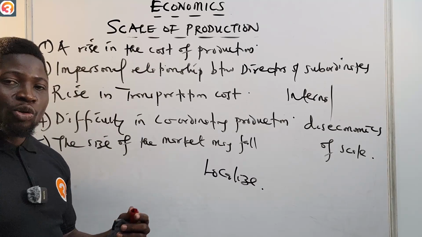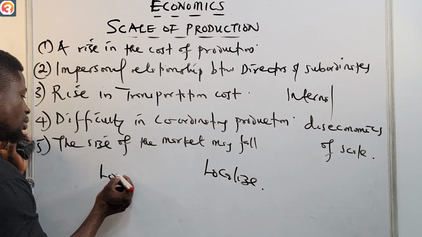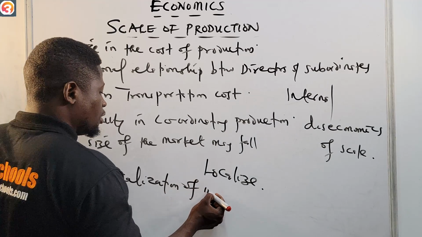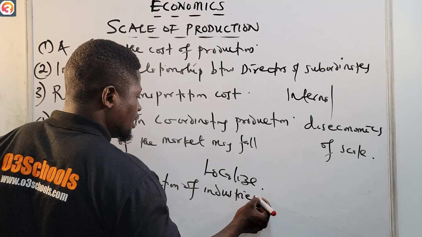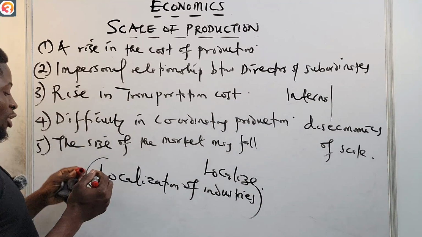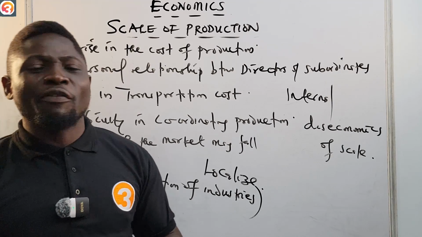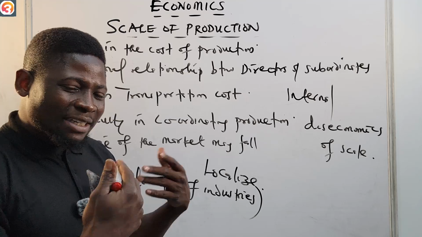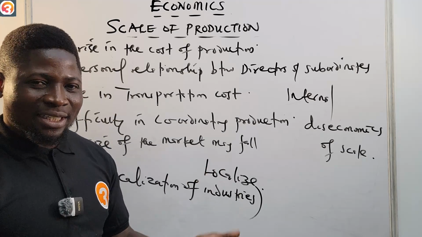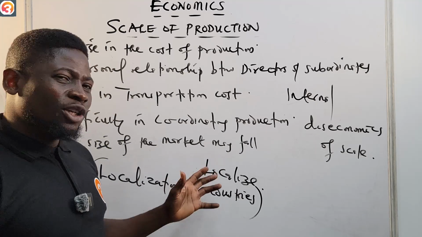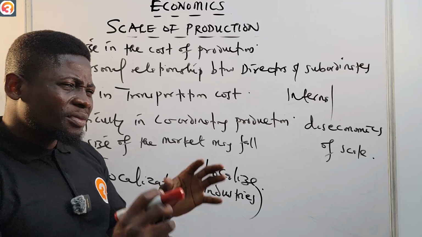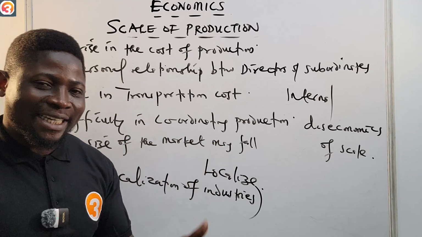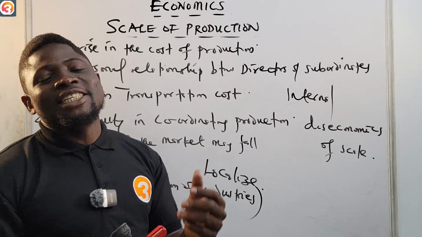And that now brings us to what we call localization of industries. Localization of industries is the coming together of different firms that are producing either similar or related commodities. So when those firms come together, you see them enjoying what we call the external economies of scale. They begin to enjoy some advantages.